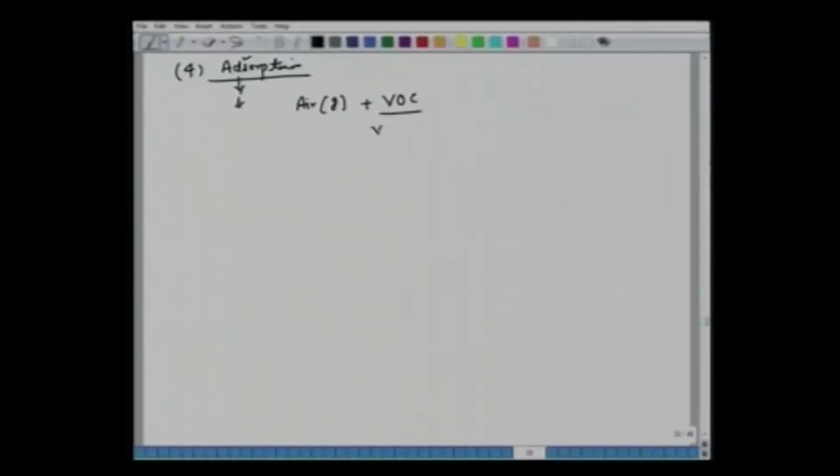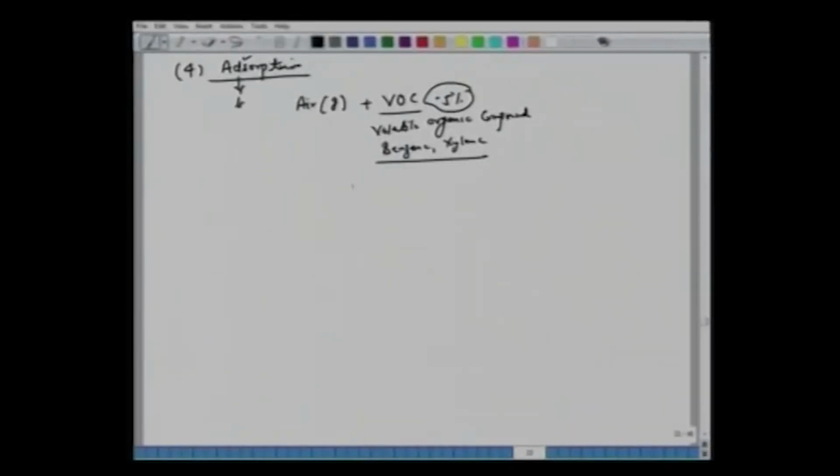You may have heard of this, volatile organic compounds. Right, so let's say we have benzene, or we have xylene. These are examples of volatile organic compounds. So air contains, let's say, VOC, a very small amount, let's say 0.5%. So it is vapor, toxic compounds, and we want to remove this VOC.